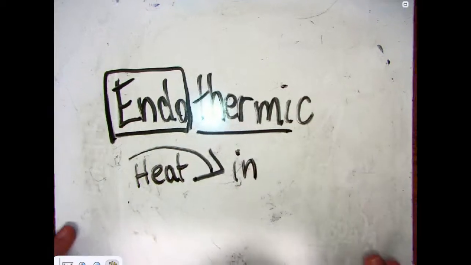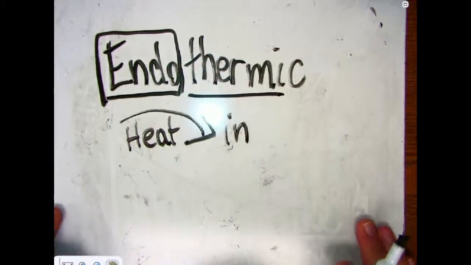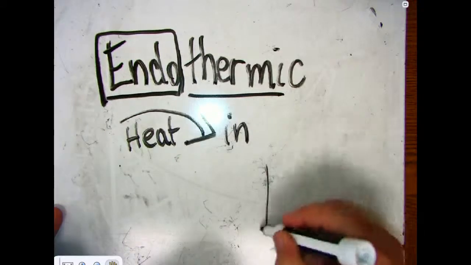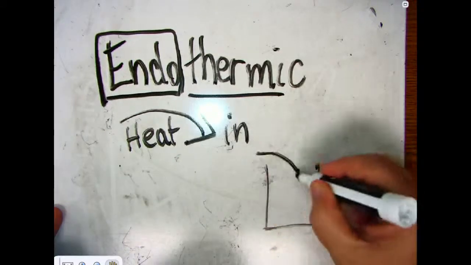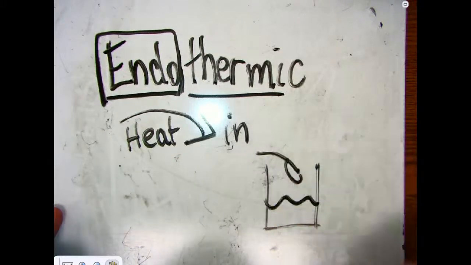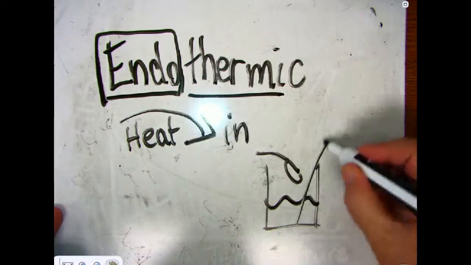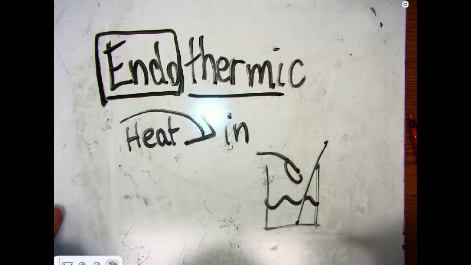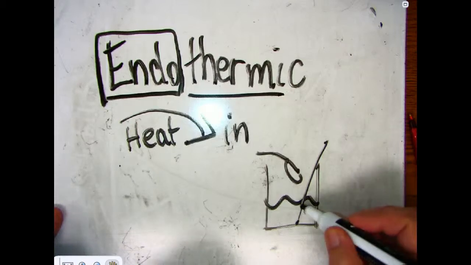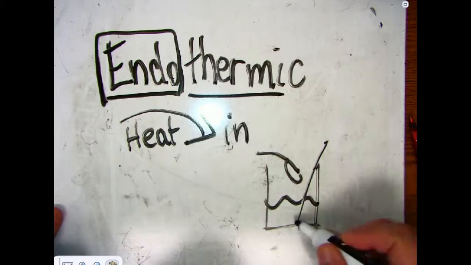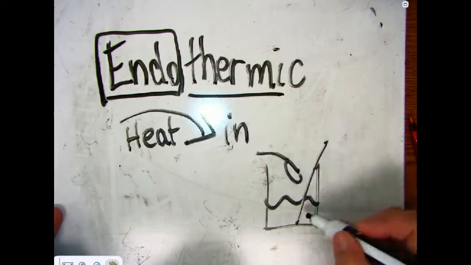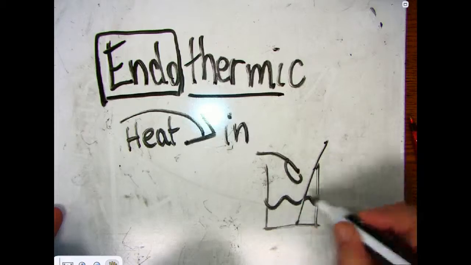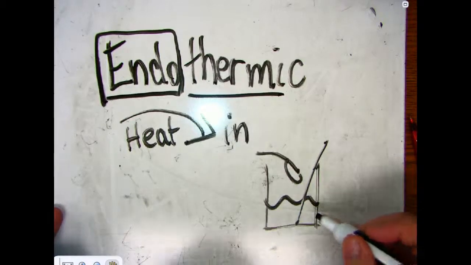An example of a reaction we did in class was when we mixed the baking soda with the vinegar. And I don't know if you guys remember, we took the temperature of the vinegar before and after. And we noticed that after the reaction, the actual solution had a lower temperature.